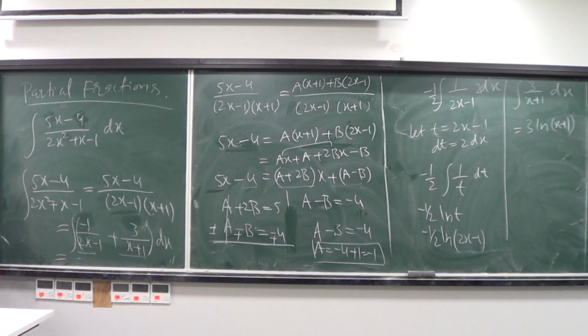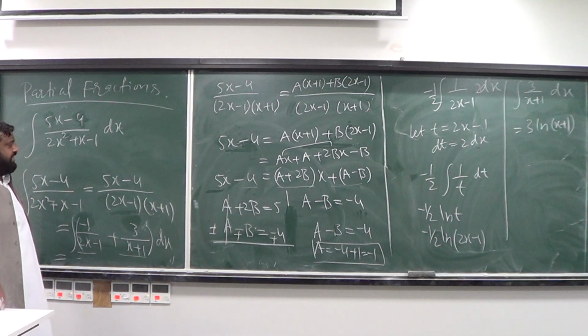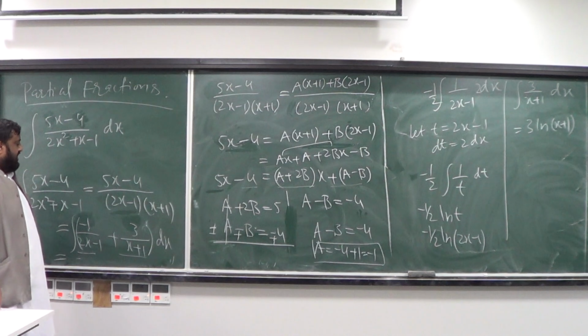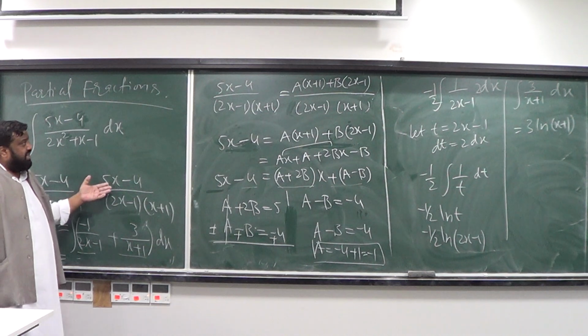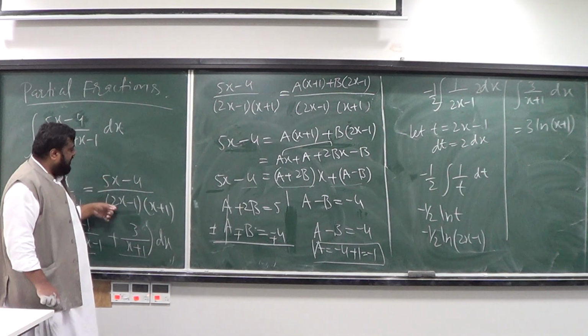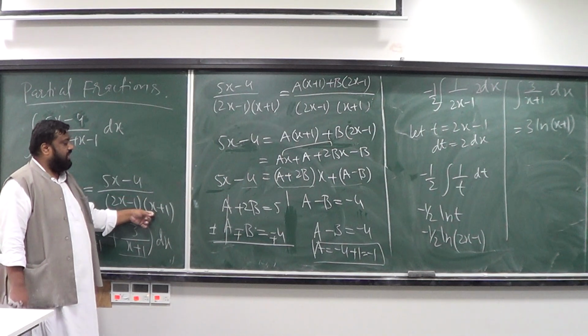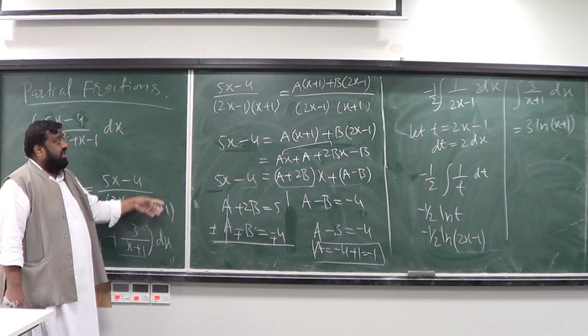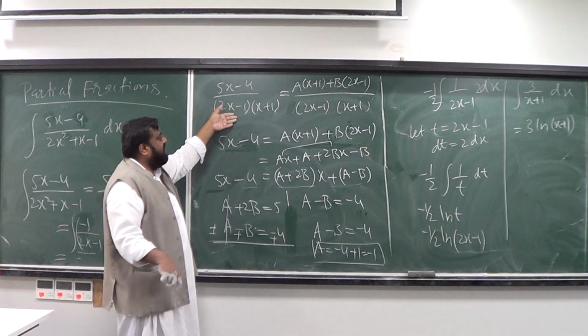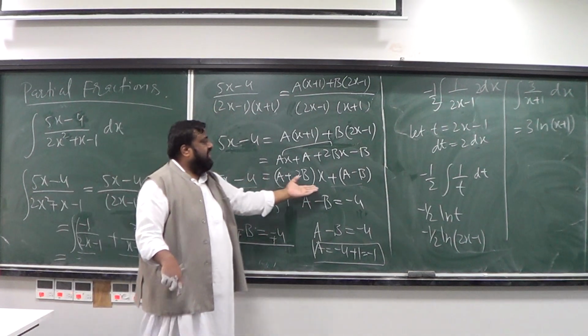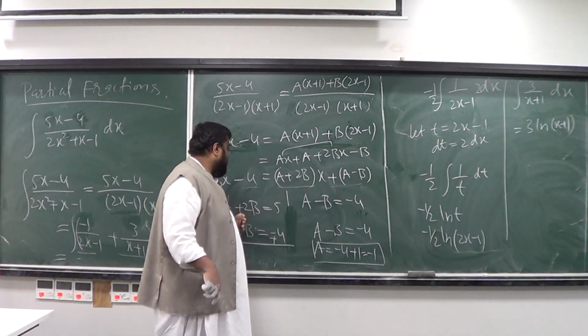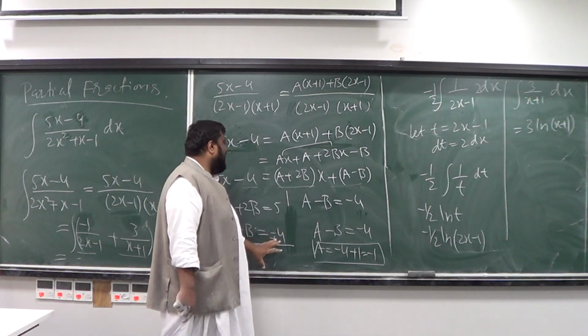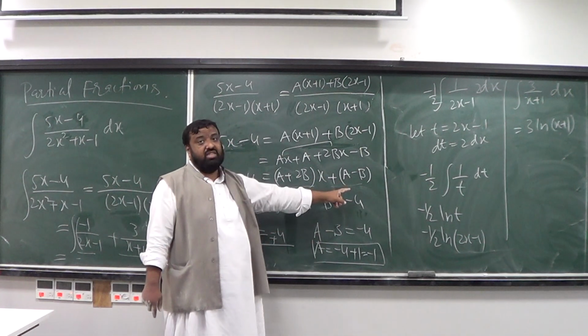So what is the key thing in this partial fraction? Make a substitution like a over 2x minus 1, b over x plus 1. Then make such simplification, write equations in such a form, make a system of equations, solve it, and you're going to get these constants.